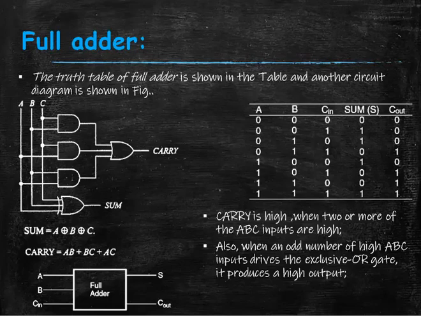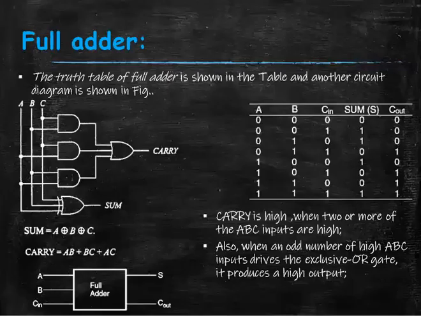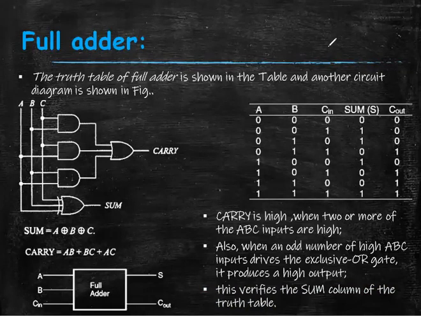Okay, then a full adder gives a sum high for an odd number of high inputs, and a carry out must be high when two or more inputs are high. This is shown in the truth table. Okay, then the truth table is verified.